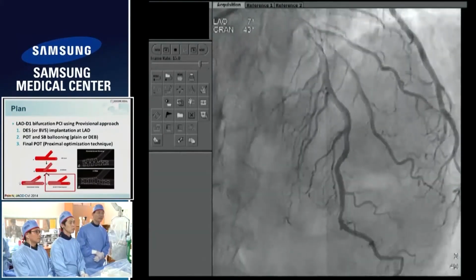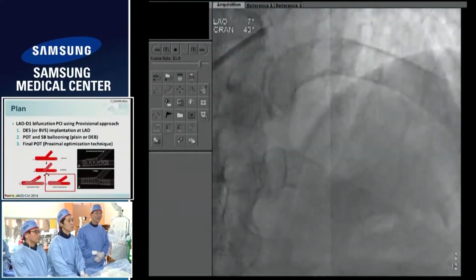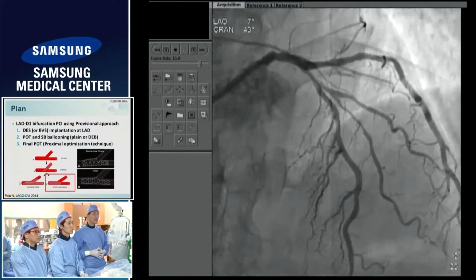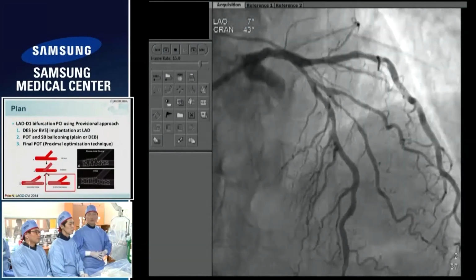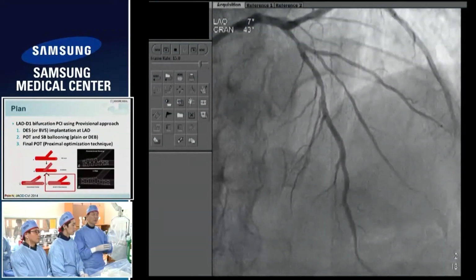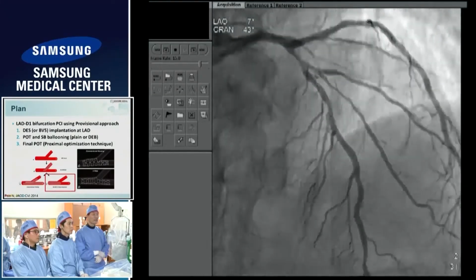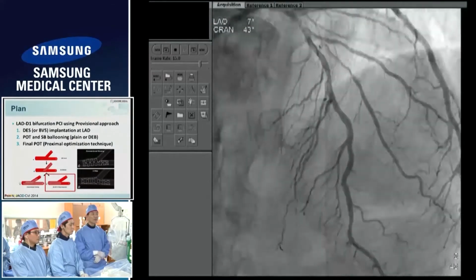But recently, the part-side-part technique, the so-called final part-repart technique, is available, as reported in bench tests. I think it's a good technique for BVS because final kissing ballooning usually oversizes the scaffold proximal to the side branches. So I'd like to show some techniques and also the result of the final part for this patient.